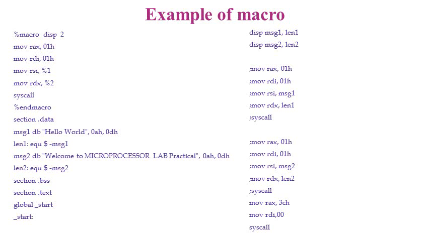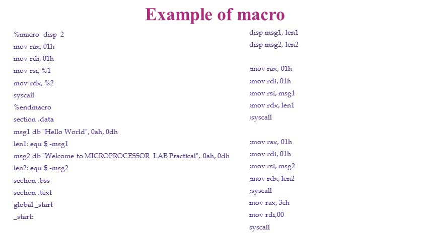At the place of %1 and %2 I am passing two parameters, then syscall and then %endmacro. Then in the data section I have declared two messages, and in the section .text I have called the macro by using the name of the macro, and I am passing two parameters, that is offset of buffer and size of data.